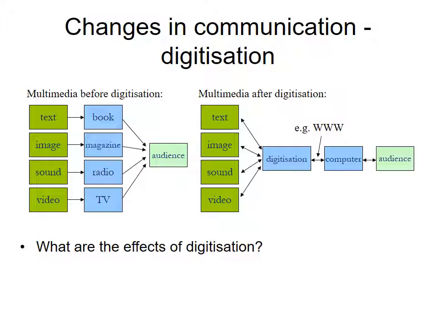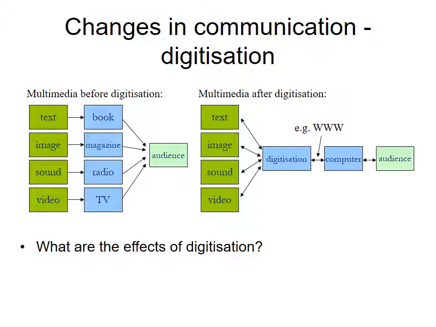Nowadays, it's completely different, because all these media are converted into the same stuff through digitization, which is the transformation of all these items into their binary form, so into a series of 0-1 sequences.